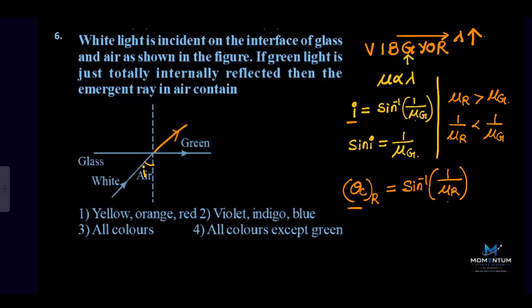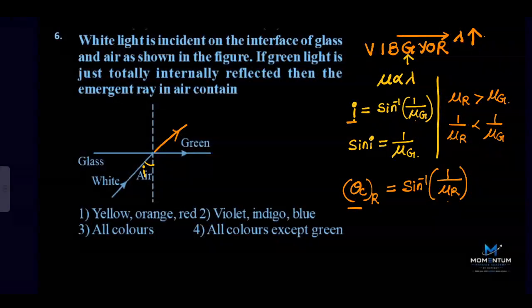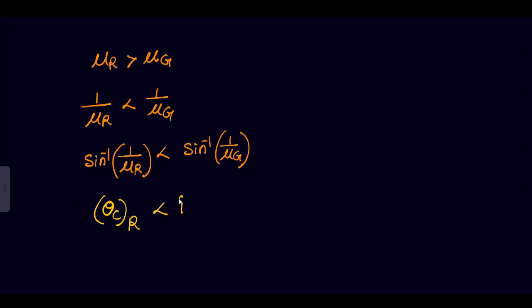This is the angle of incidence only, I. So I is greater than theta c of red. What happened to red here? The angle of incidence is greater than the critical angle.